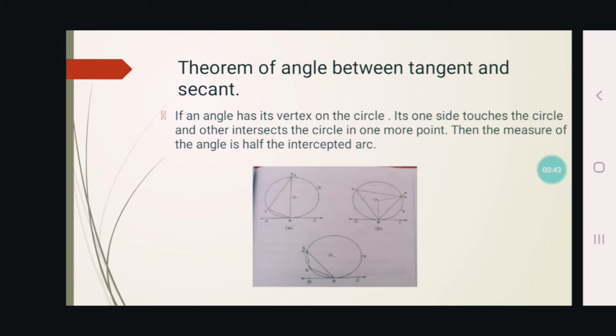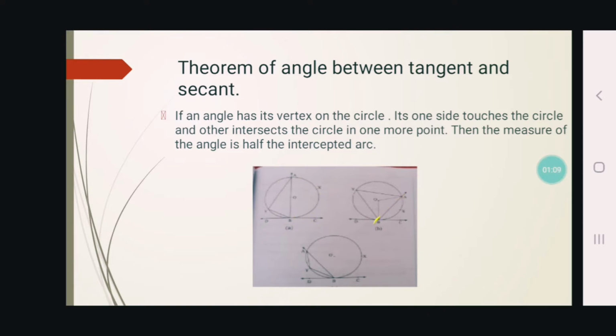The statement of the theorem is, if an angle has its vertex on the circle, its one side touches the circle and the other side intersects the circle at one more point, then the measure of this angle is half the intercepted arc.